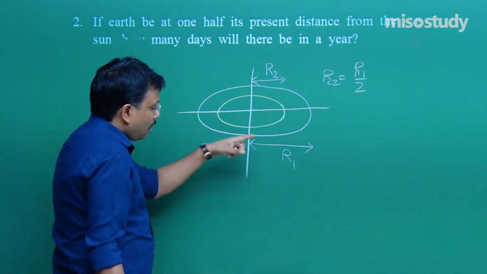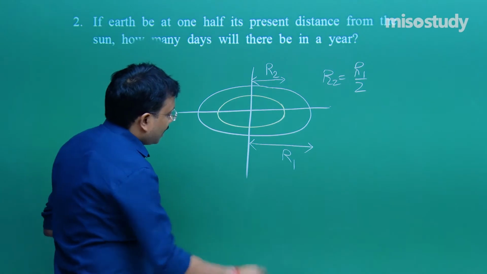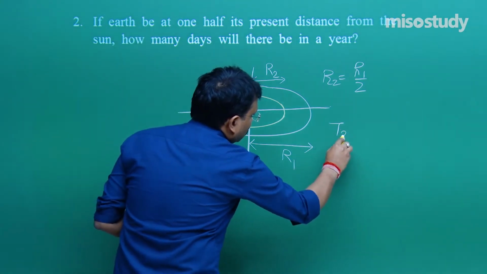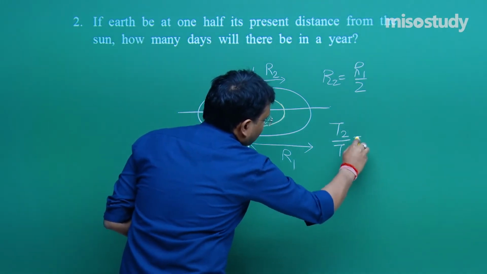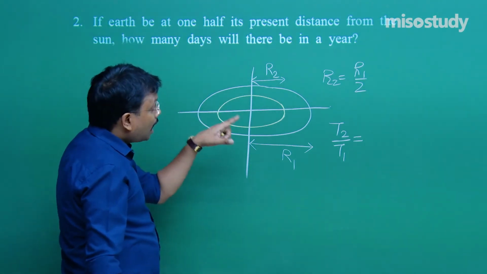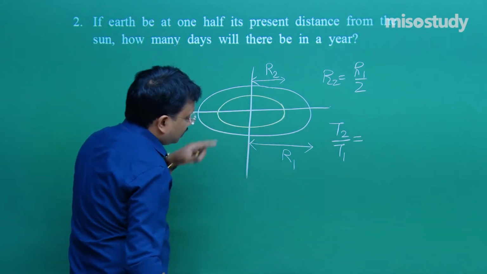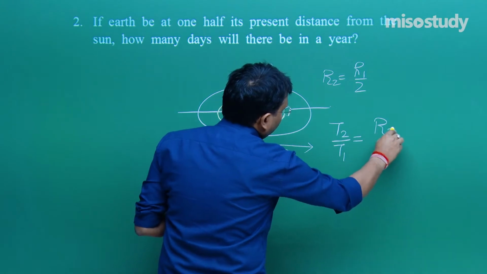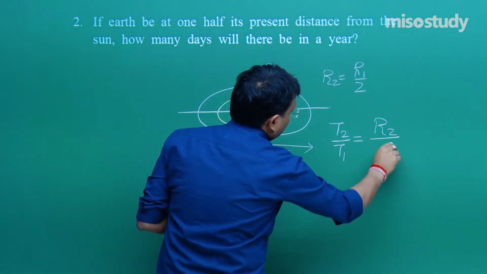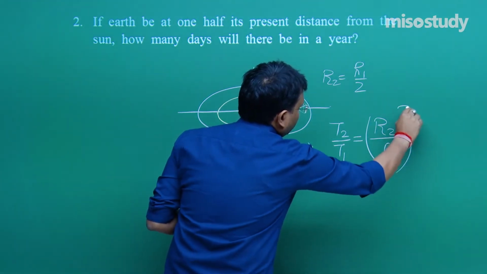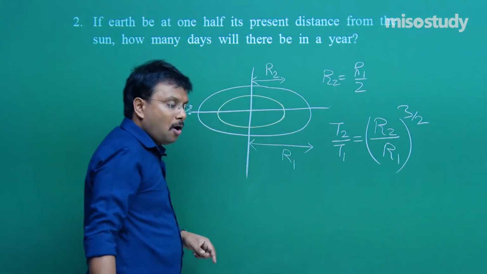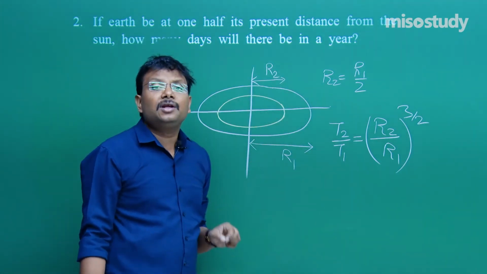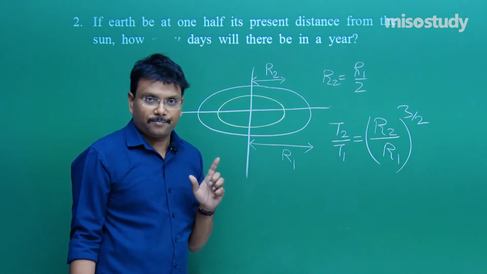Fine. Now, I can use the formula in this manner, that is T2 upon T1 is equal to R2 upon R1, whole to the power 3 by 2. What is the value of T1? 365 days. Fine.